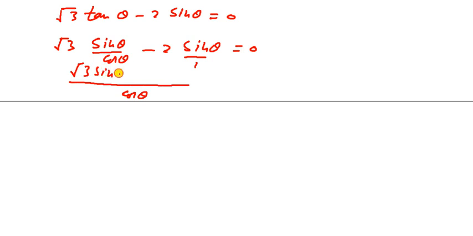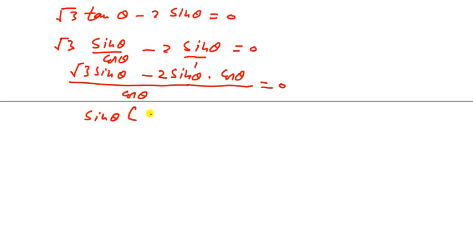Now taking their LCM, it is cos theta. Here is 1. So here is root 3 sin theta minus 2 sin theta into cos theta equal to 0. Now sin theta is common, so we can take sin theta as common.